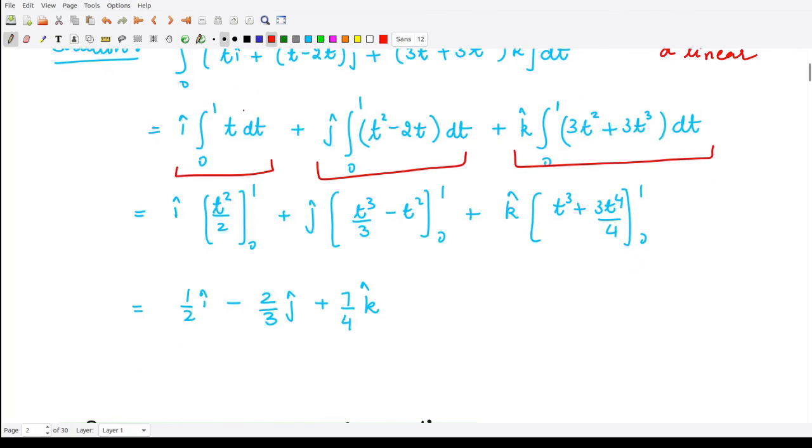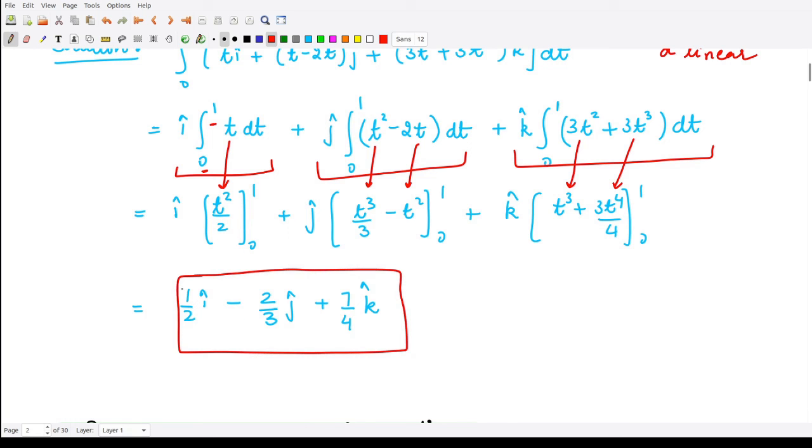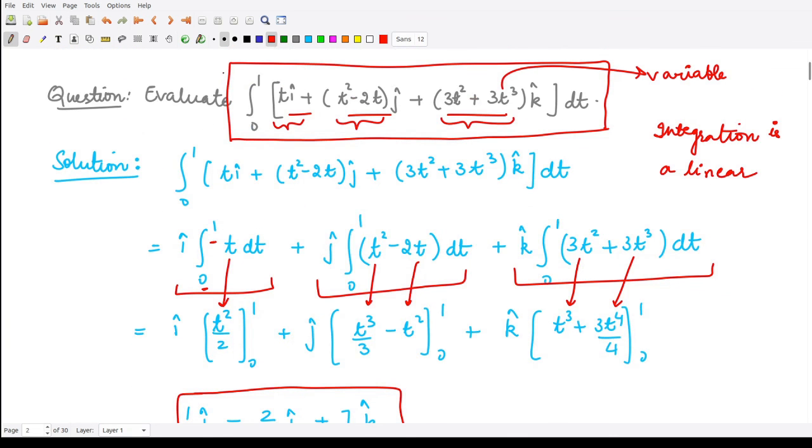When you perform the integration of t, that becomes t square by 2, and the limits vary from 0 to 1. In this case, integration of t square is t cube by 3, integration of 2t is t square, integration of 3t square is t cube, and integration of 3t cube is 3t to the power 4 by 4, and in all the cases you have limits varying from 0 to 1. When you substitute the limits, you obtain this as the final vector. This is the vector obtained after performing the integration of this particular function.